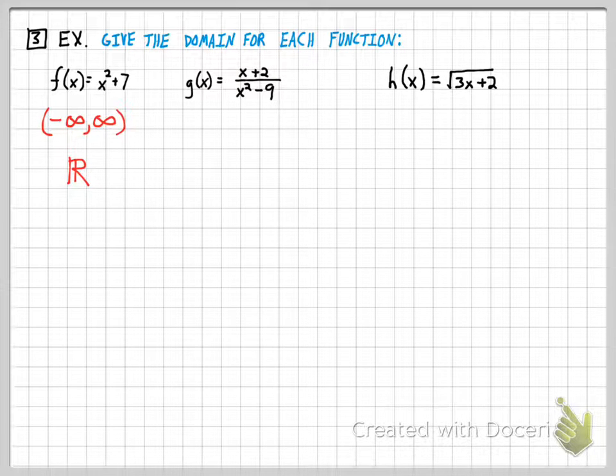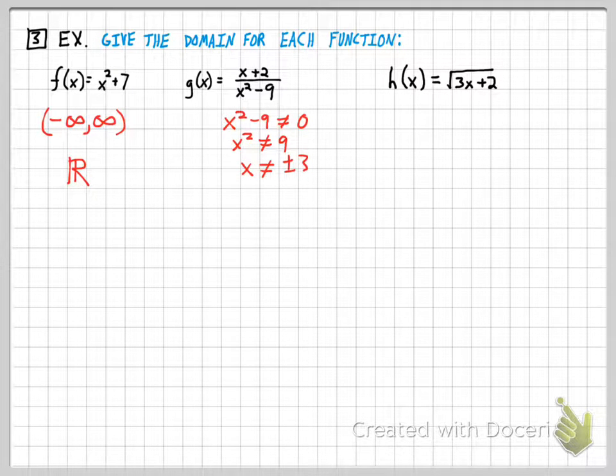Alright, example 2, I've got a fraction. One of our things to watch out for are inputs or numbers that give 0 in the bottom of a fraction. So I need to make sure that the bottom of this fraction is never 0, and that means that x squared can't be 9, and that means that x cannot be plus or minus 3.